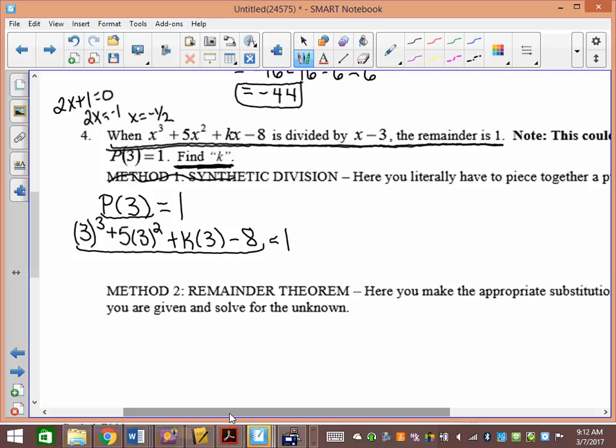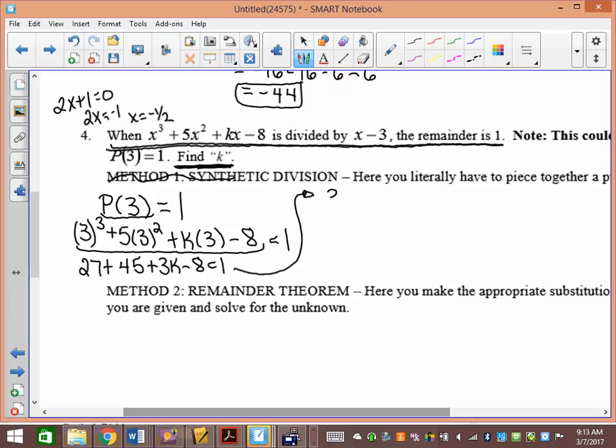So if you remember this part, the solving is the easy part. It's just remembering, hey, when I see this question, what do I need to do? All right? So 3 cubed is 27, plus 5 times 9 is 45, plus 3k minus 8 equals 1. And then 27 plus 45 is 72, minus 8 is 64, right?